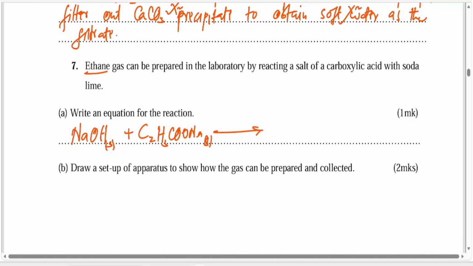And then in the presence of calcium oxide, which makes it known as soda lime, and also some heat, I produce sodium carbonate. Sodium carbonate is a solid, and I also obtain the key product, which is ethane gas. The equation is balanced, and this gives you 1 mark.